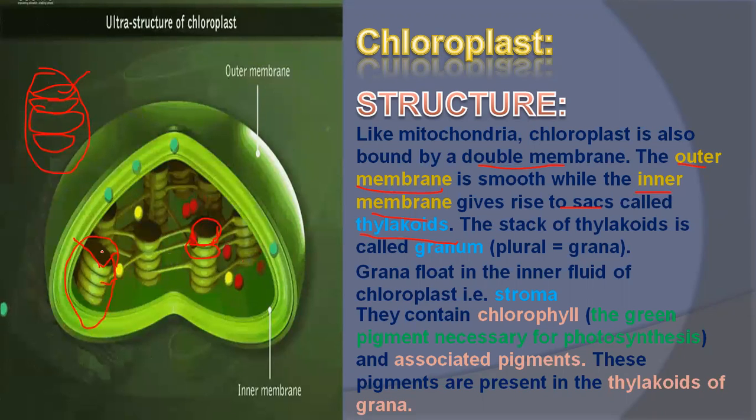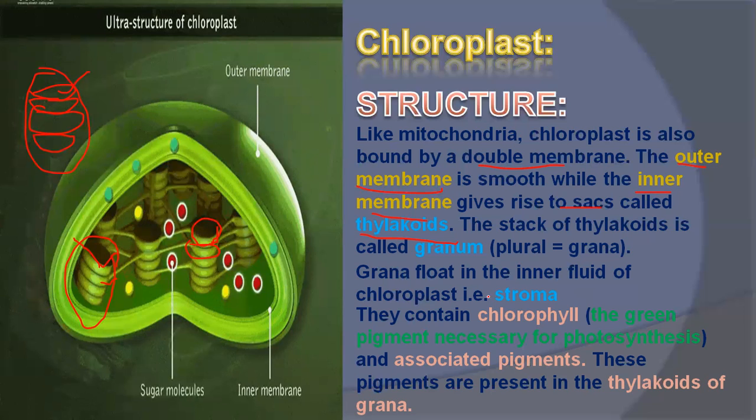In a granum, there are lots of thylakoids, 20 to 25. When we talk about all these together, they are called grana. Grana is plural and granum is singular. There are some glucose molecules which come here and are used for generating ATP.